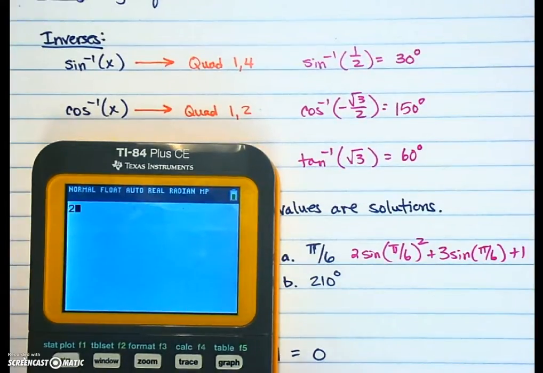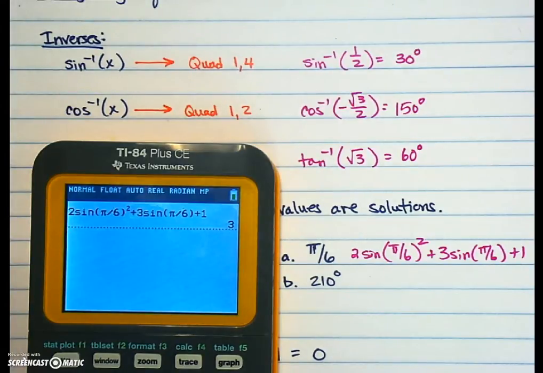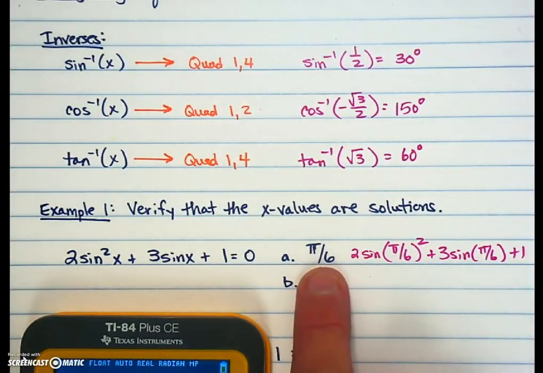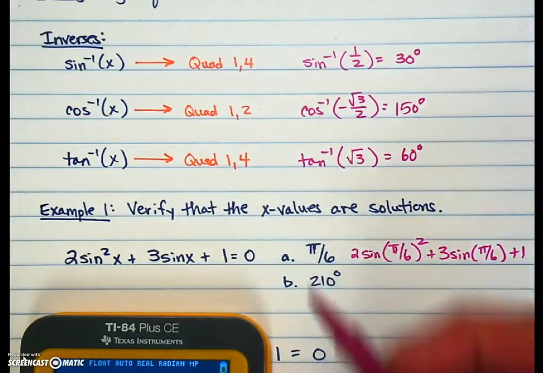So I type in 2 sine pi divided by 6 squared plus 3 sine pi divided by 6, and then plus 1, and that comes out to be 3. So I got my answer to be 3, which means that solution does not work.